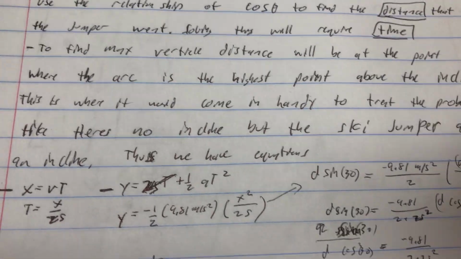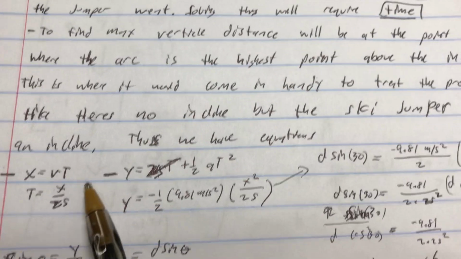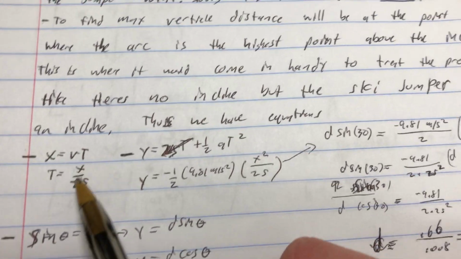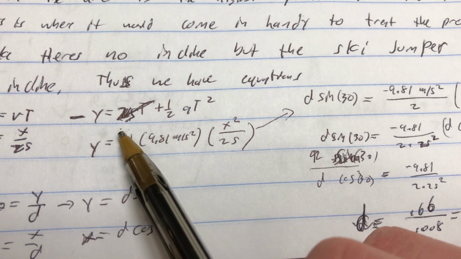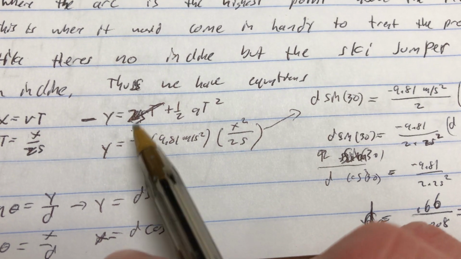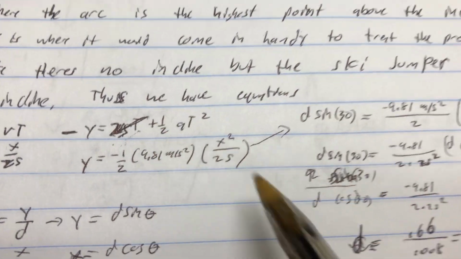So first, we know that on the x side, x is equal to velocity times time. And we can solve for time there, for our first thing that we want, time. Next thing we know is that y is equal to initial velocity, and in this case, there is no initial velocity in the y direction, so that crosses out.